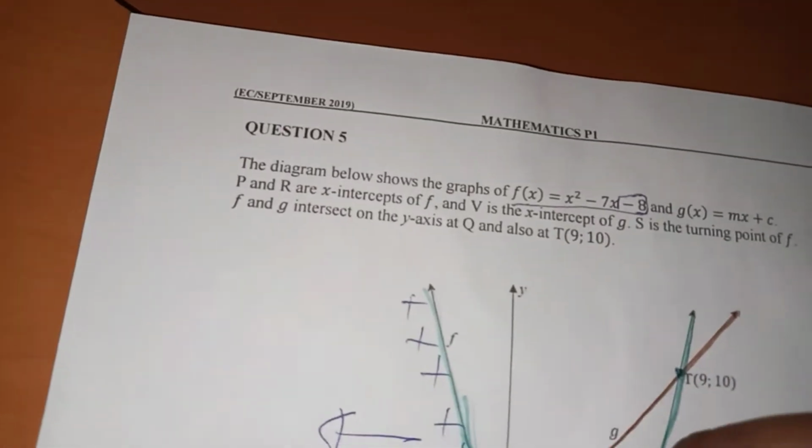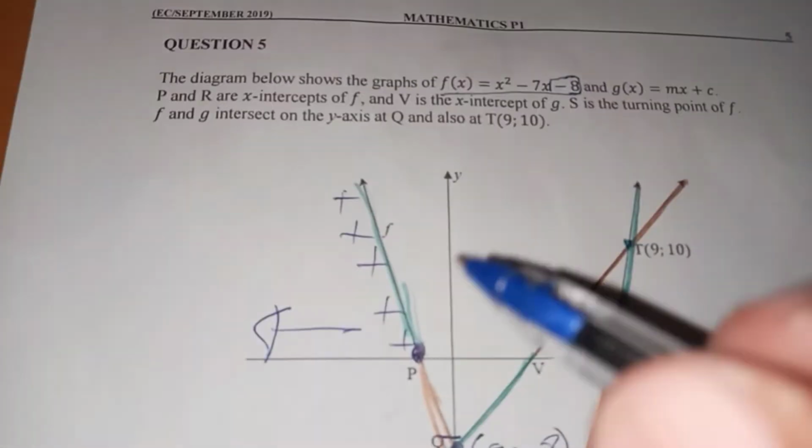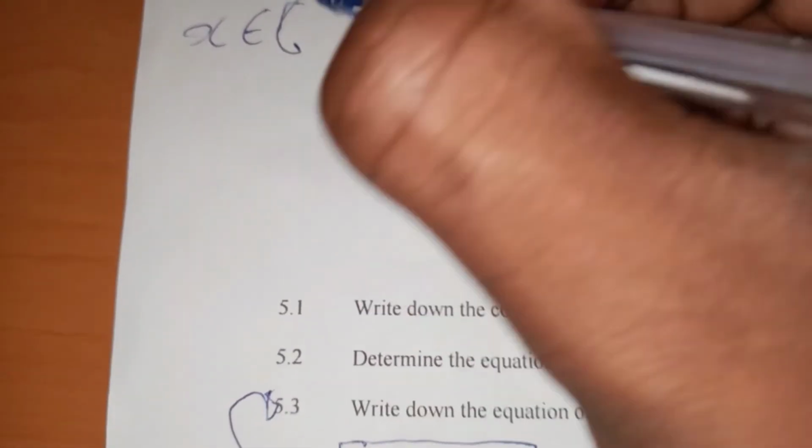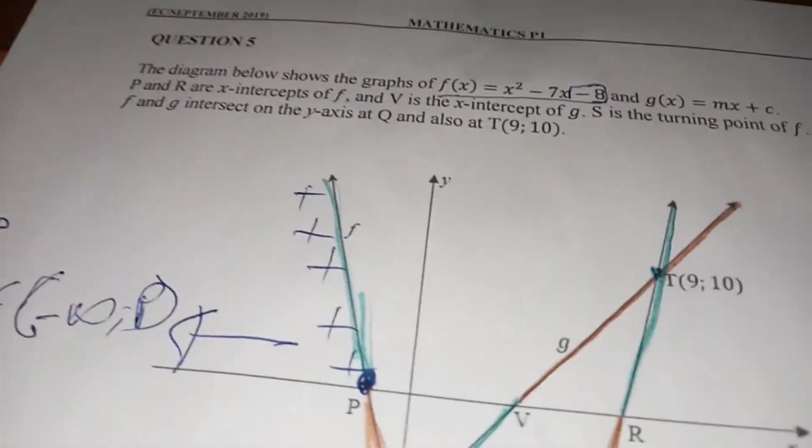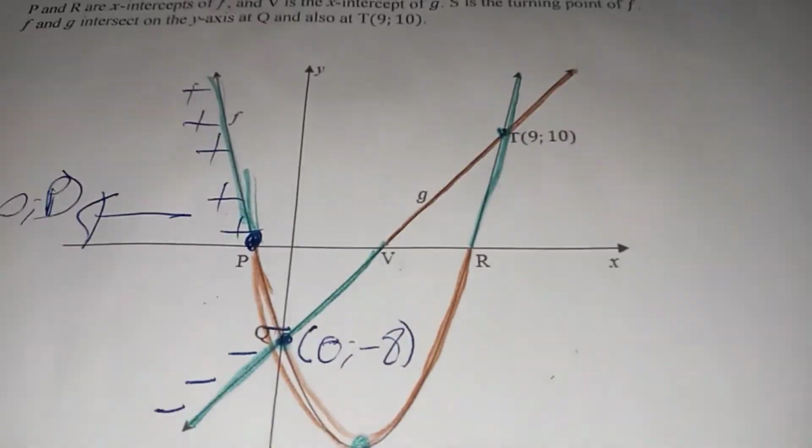You must answer them in terms of x now. That's the thing. So from P, you'll have something like x is an element of negative infinity until P, but we'll answer it properly, because what we have to do from now is get the values of P, right? And yes, we will get those.